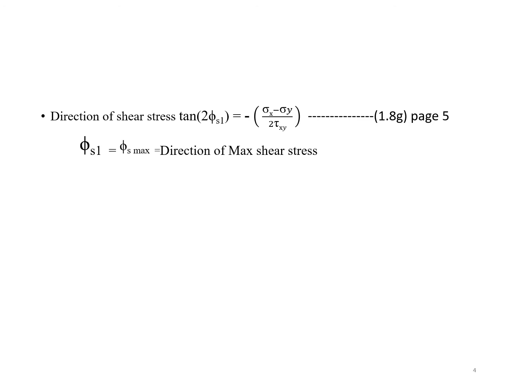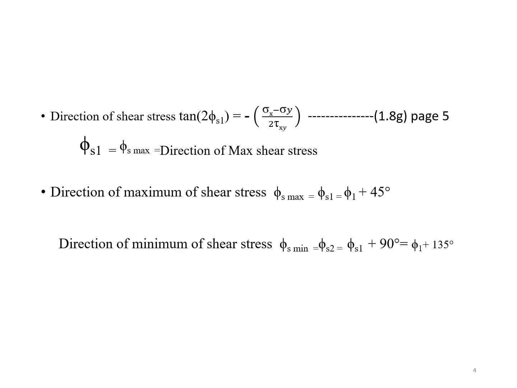So phi s1 is nothing but the direction of maximum shear stress, which is also denoted by phi s max, and it is given by phi s1 equal to phi 1 plus 45 degrees. So if you know the maximum principal stress direction phi 1, then you can also find the direction of maximum shear stress.